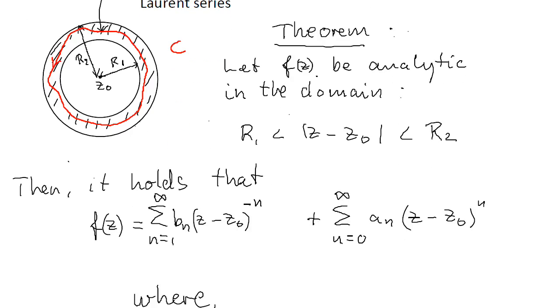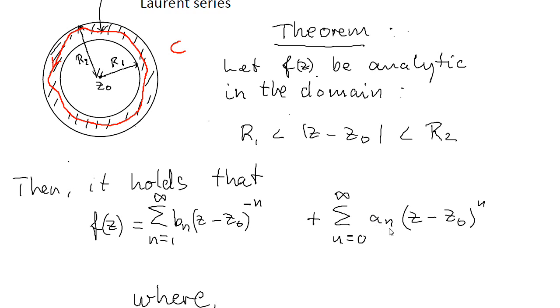Then we have the following theorem, or result, given by Laurent, which is called Laurent's Theorem. It states that the function f can be represented as the sum of two infinite series. The first series looks like the one in the Taylor theorem.